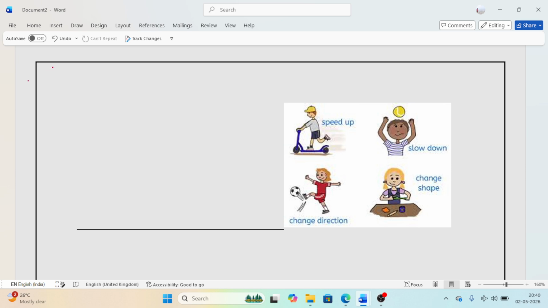Effect of force: suppose a single force or a set of forces acts on an object or body, it can do three things. First one, a force or set of forces can change the speed of the body.